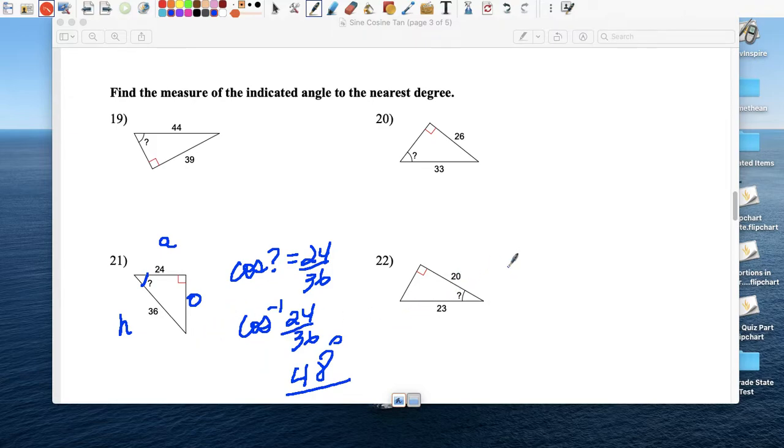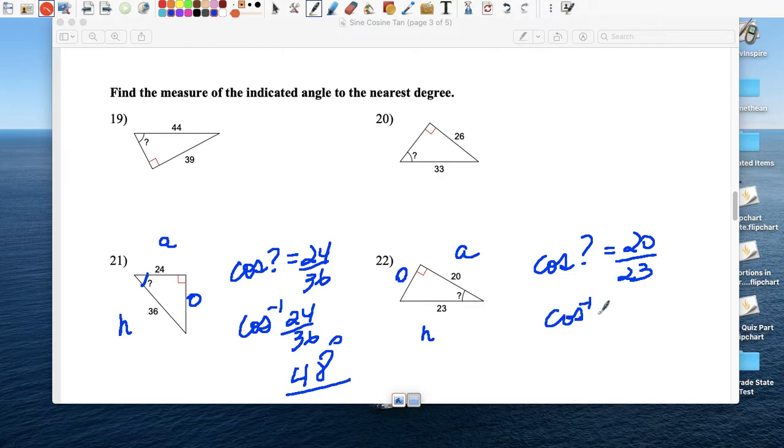Again, this one, this is the opposite, this is the hypotenuse, this is the adjacent, so we're going to use anything that has adjacent and hypotenuse. So the cosine of our mystery angle is 20 over 23.